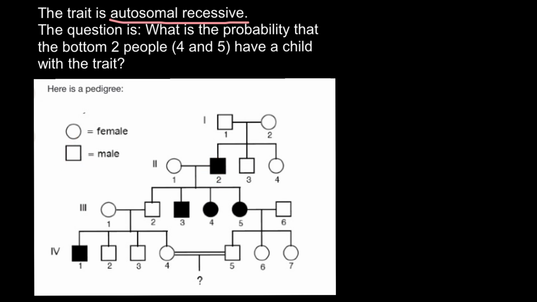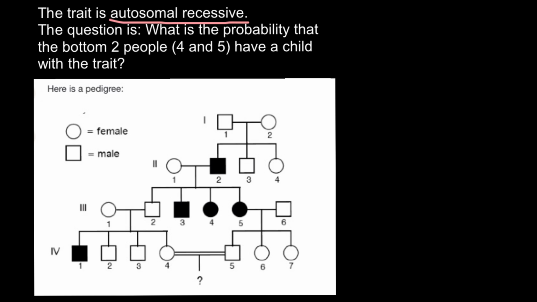Male is designated with a square and female with a circle. So this is clearly an autosomal recessive genetic disorder that can skip generations and reappear later.